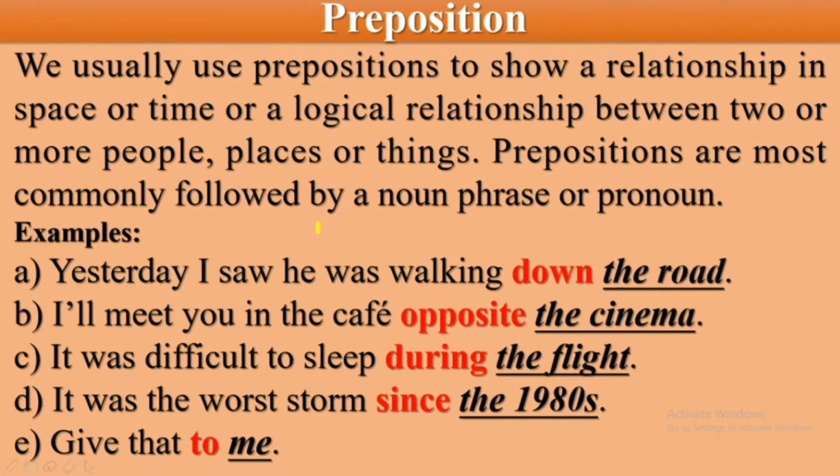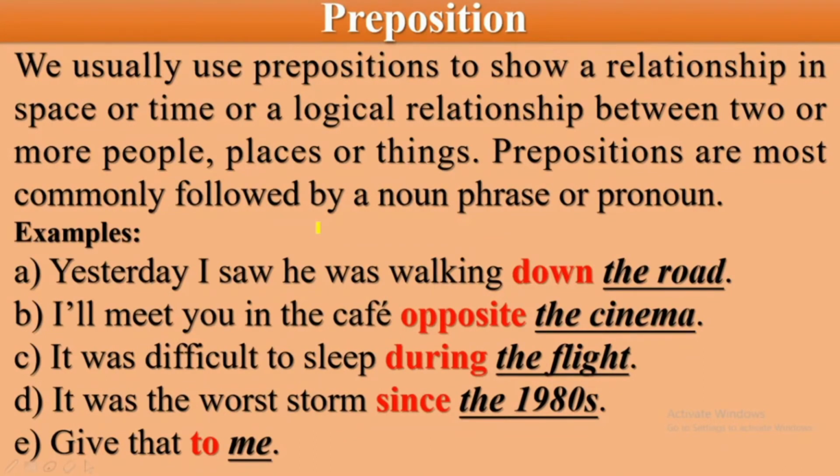I will meet you in the cafe opposite the cinema. In the sentence, opposite is a preposition and it has an object, that is the cinema. It was difficult to sleep during the flight. In the sentence, during is a preposition because it has an object, the flight.